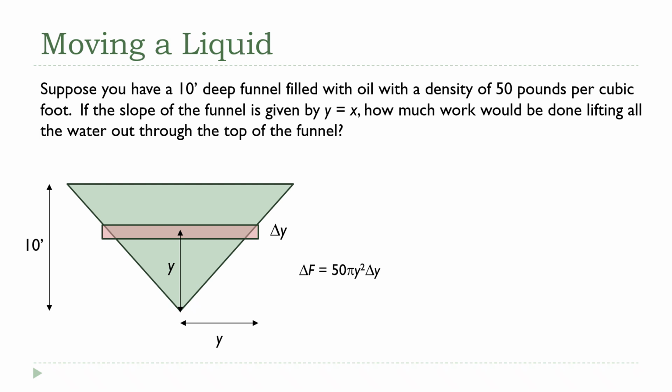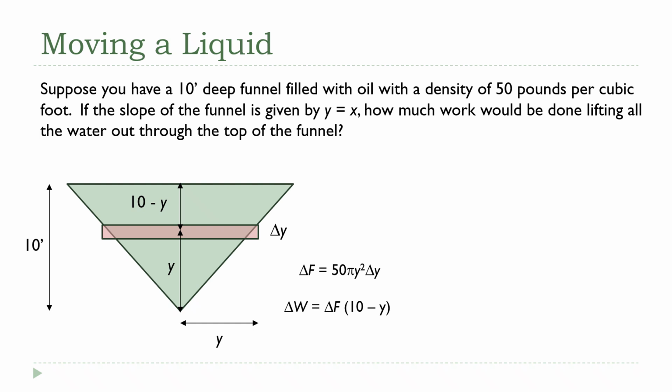Okay, so to turn this into the amount of work required, I need to know what distance I have to move it through. Well, I have to move it from y units up all the way up to the top. That distance is going to be 10 minus y. So this means that the change in work is the change in force times 10 minus y.